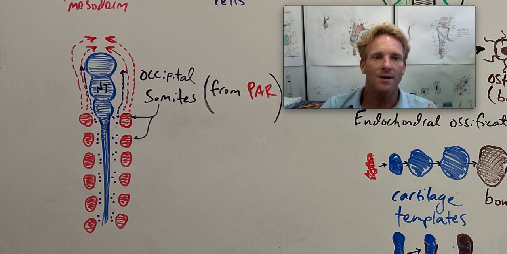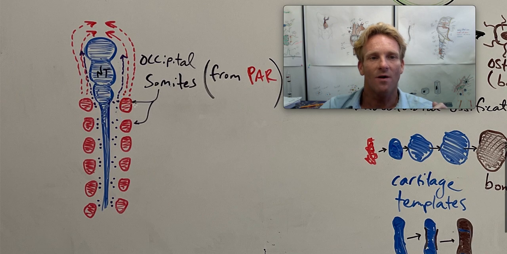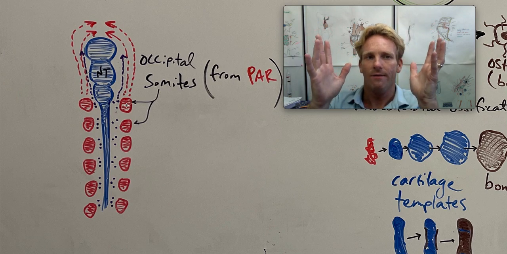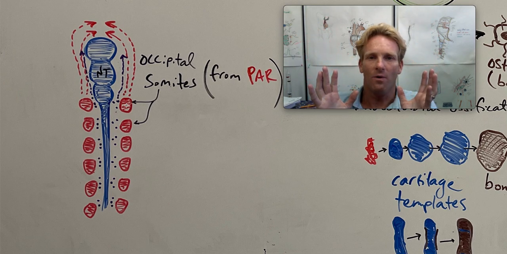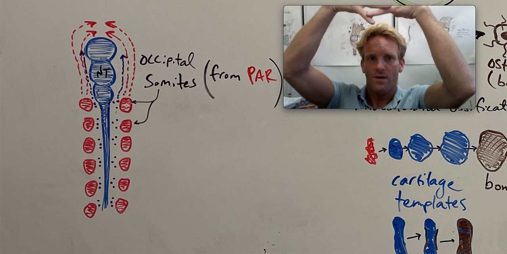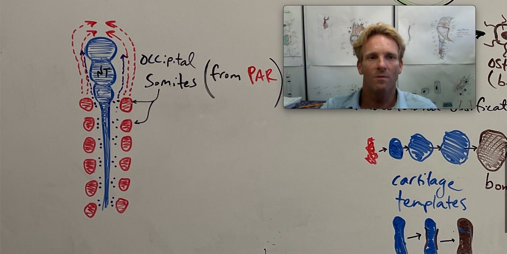And so what will happen is that we have these neural crest cells, which are these little purple dots, and then we also have these occipital somites. They're going to migrate anteriorly, right? Or they're going to migrate towards the cranial end, and they're going to basically engulf the entire developing brain, the cranial end of the neural tube, and then those cells are going to develop later into bone.